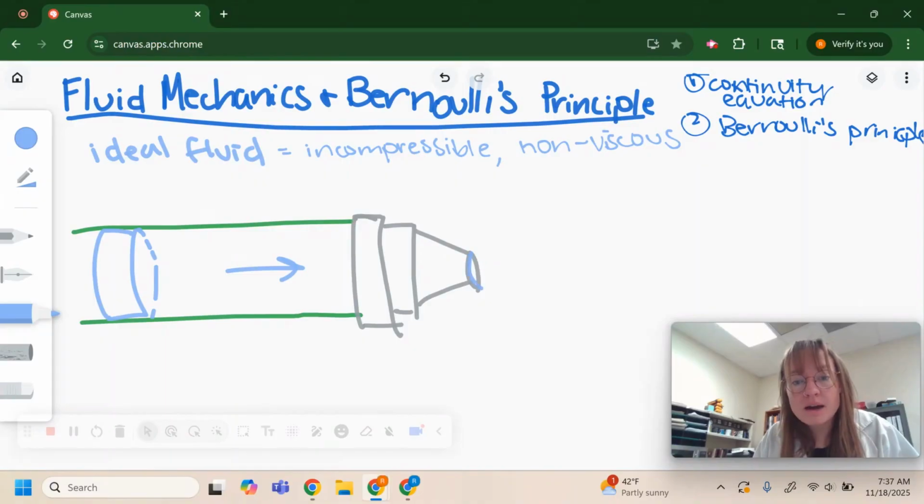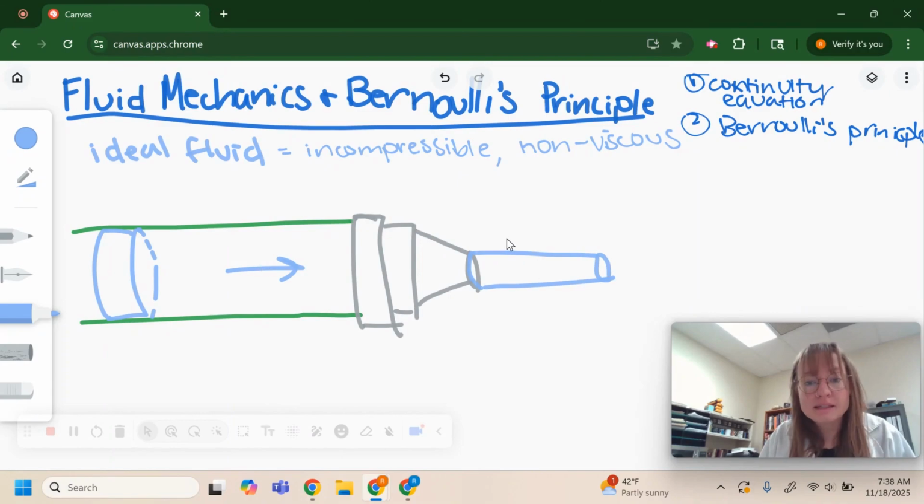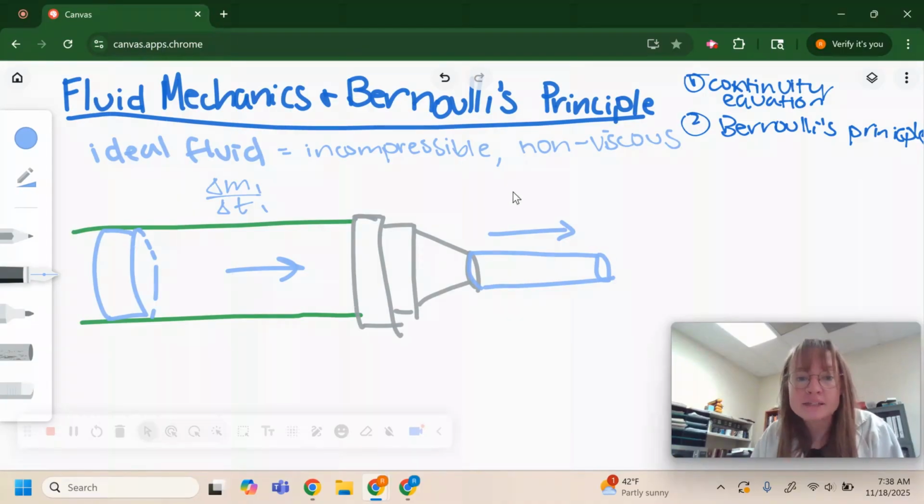So the amount of mass of water per time that's going this way has to be the same amount of mass per time that's going this way. Basically, it's a conservation of mass statement. The amount of mass per time on this side, we'll call this area 1, has to equal the amount of mass per time on this side.